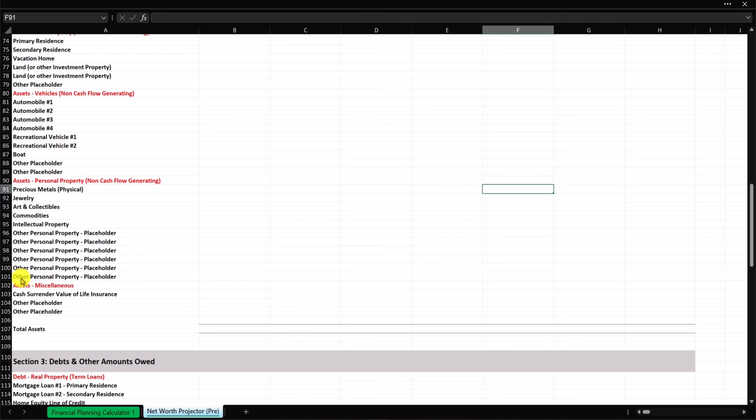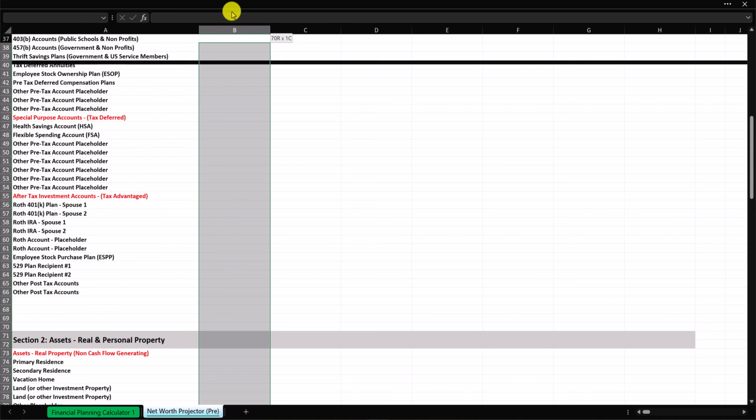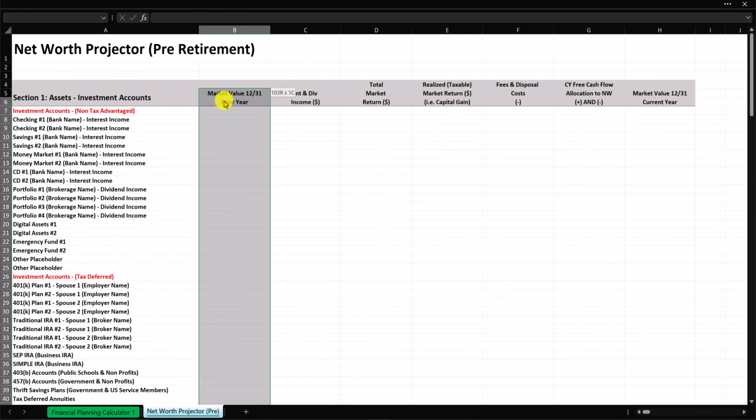And then down here we're going to have a catch-all bucket for anything that doesn't appropriately fit into any of these other categories above, like maybe cash surrender value of life insurance or something like that. And then finally we'll have our total assets, which is going to be the sum of everything that we have listed so far, basically all the way up to right here once we start typing in numbers.